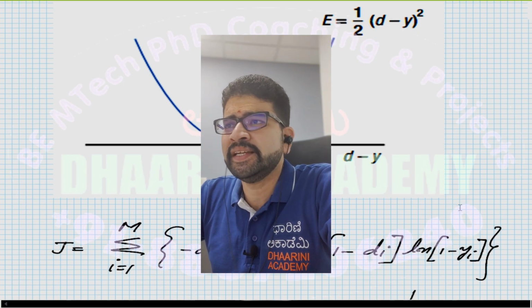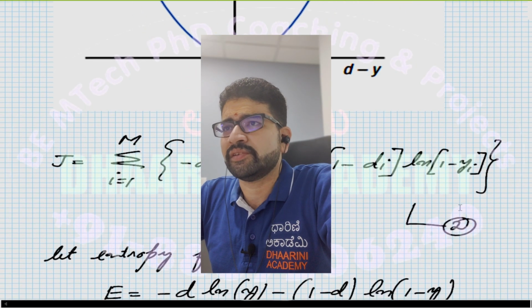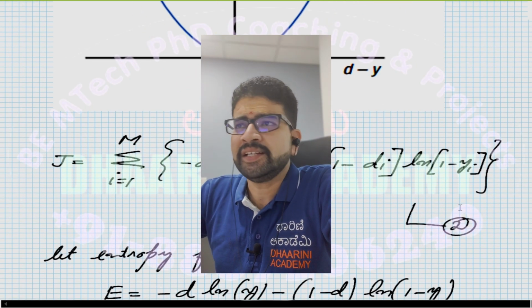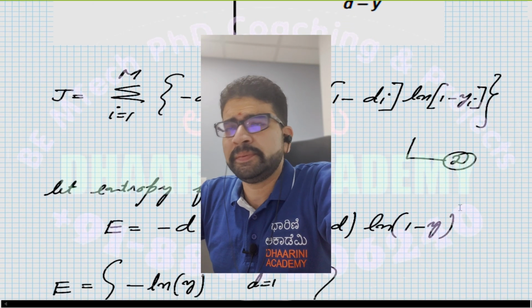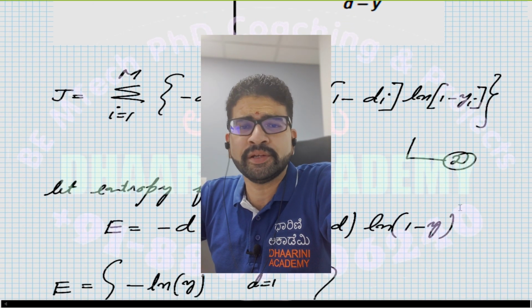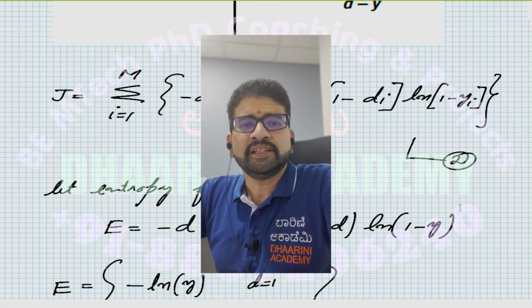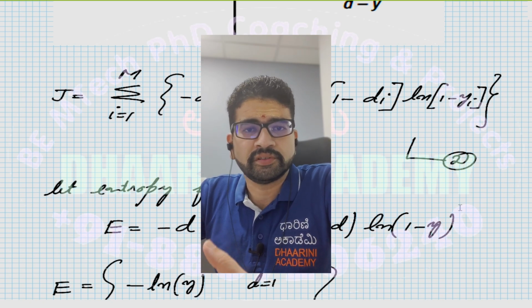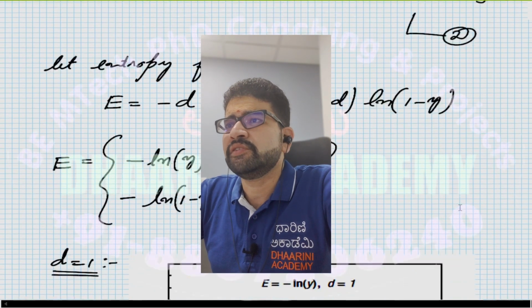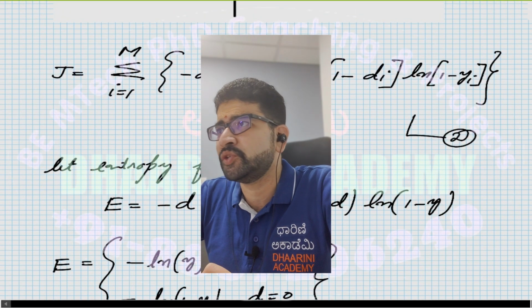Here the capital E represents the entropy based cost function, and there is another version of that depending upon whether the output is 1 or 0. Depending on whether the desired value is 1 or 0, we can bring a variety of entropy functions into the picture. That's what has been written in equation number 2.